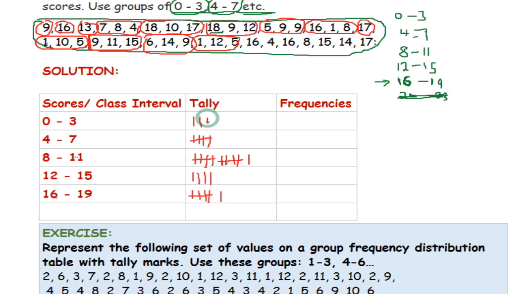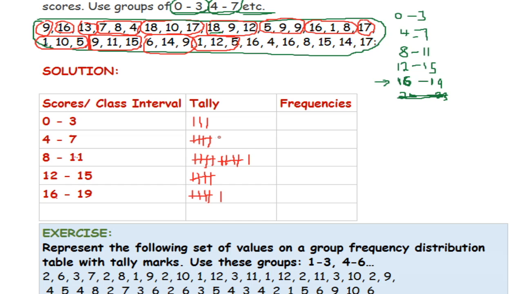So 1, 12. For 12, I'll write the mark for 12 against this one. So 12 like this is up to 4. So I need to cross it out to make it 5. 12 and 5.